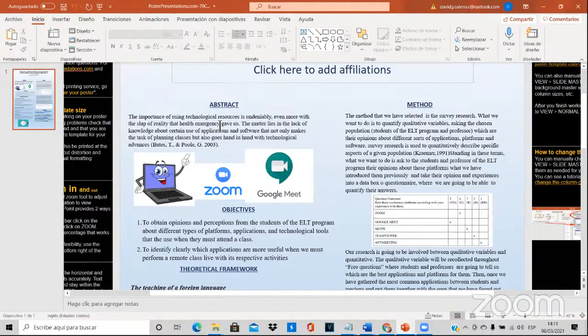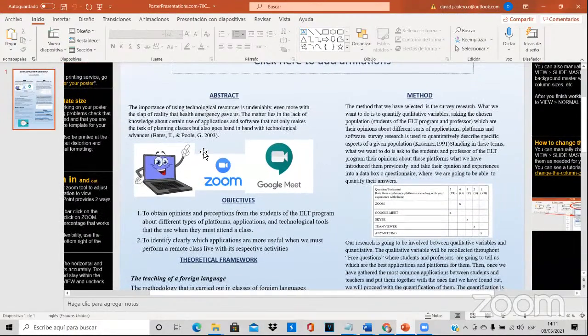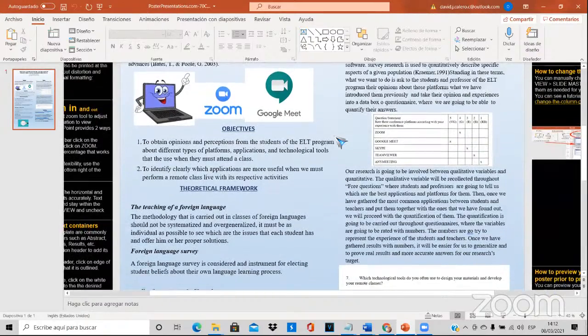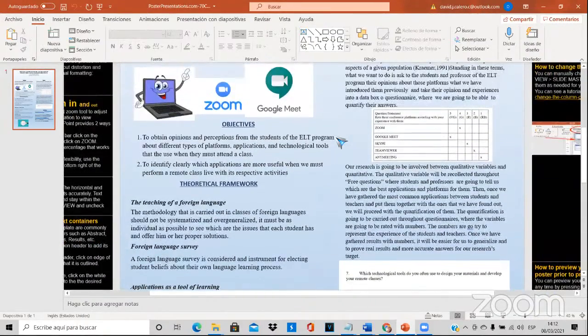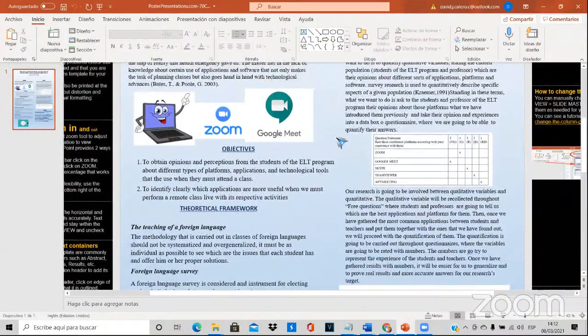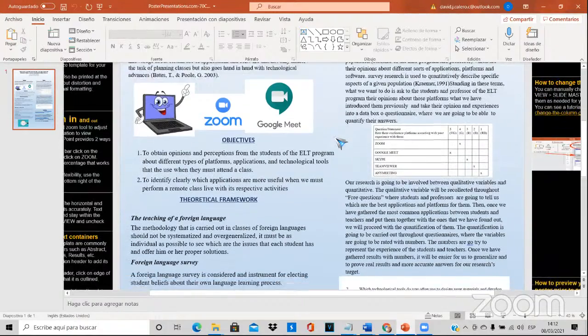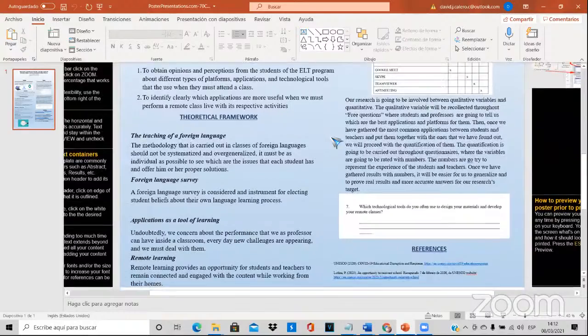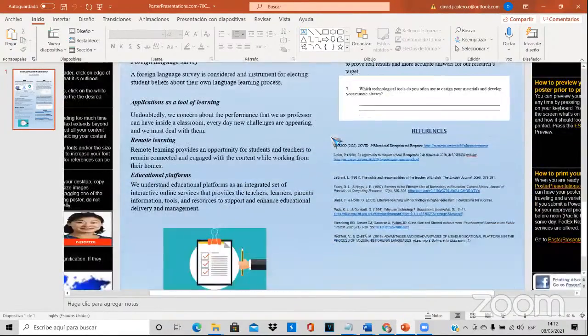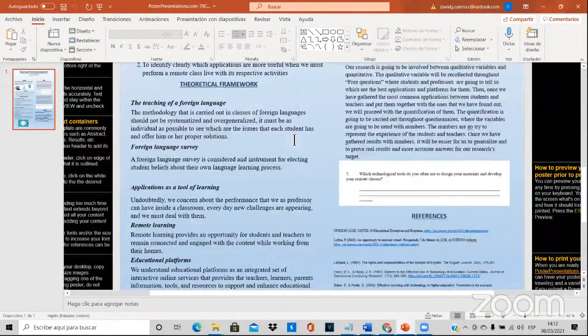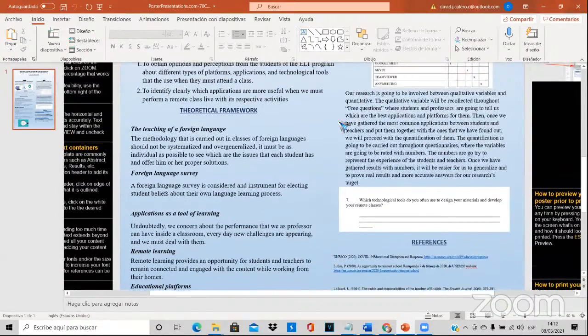So we put some images here, just as an example of what we are talking about, like an image of Zoom, Meet, etc. Of course, we put the clarification of some topics and some definitions of concepts that we consider really important to have clear in mind for those who are interested in reading this poster.